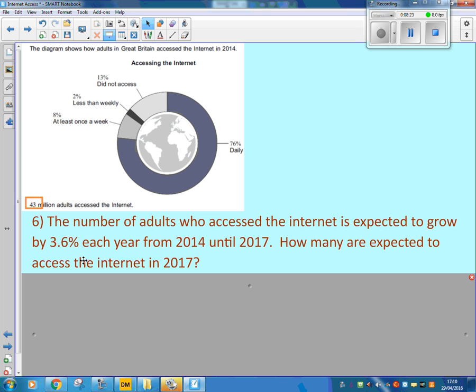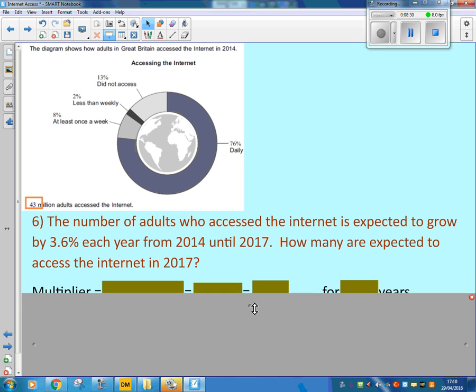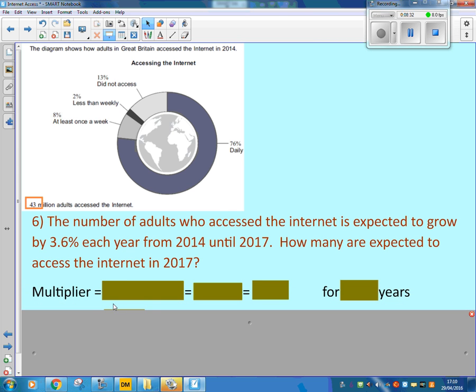Now, when that happens, and particularly if it's happening over more than 1 year, then you need to use a multiplier. So start with 100%, it is increasing by 3.6%, so it's 100% plus 3.6%, 103.6%. Turn it into a decimal, that means divided by 100, 1.036.